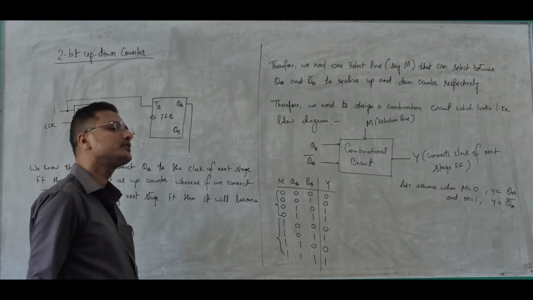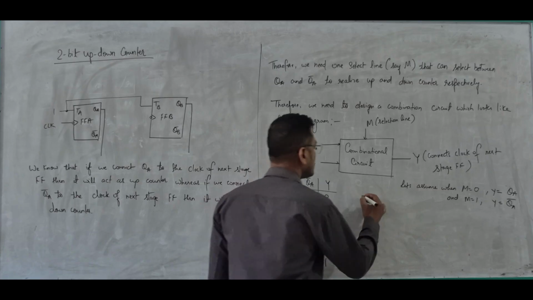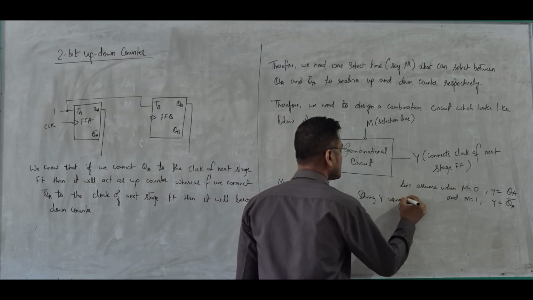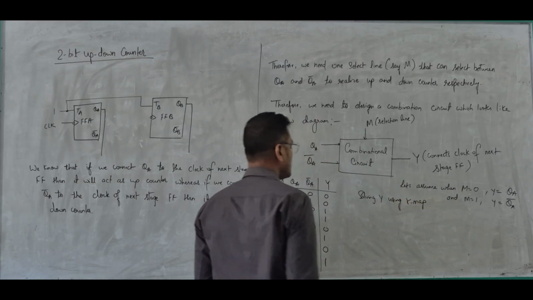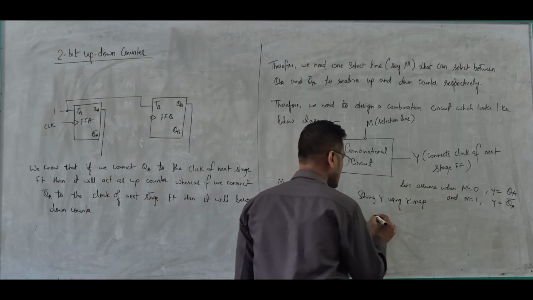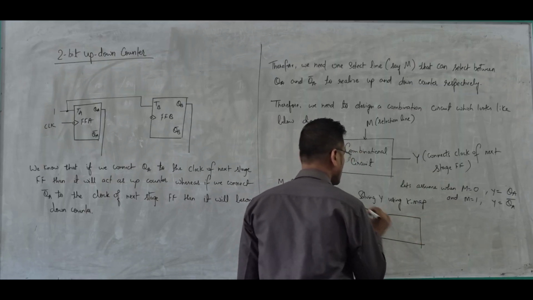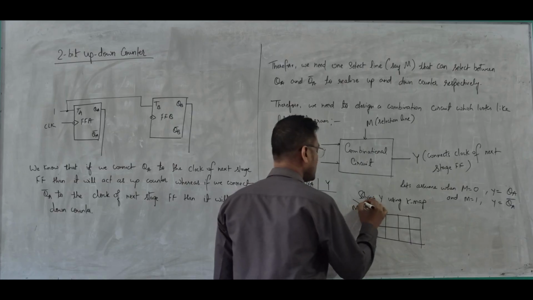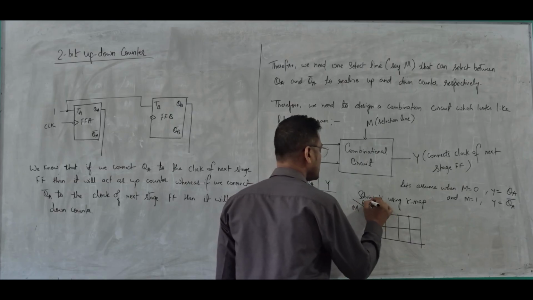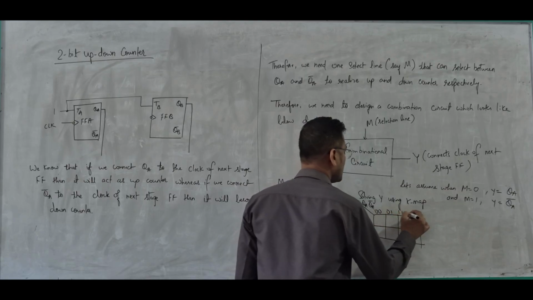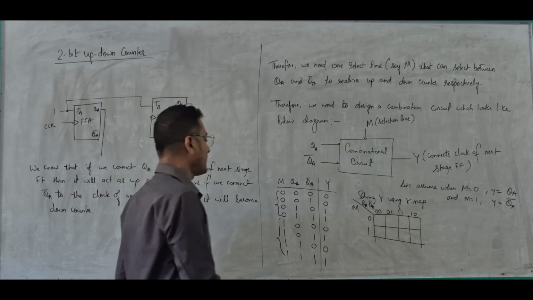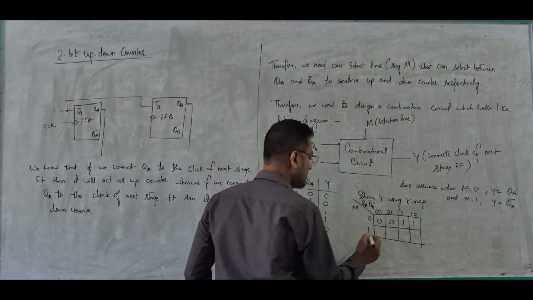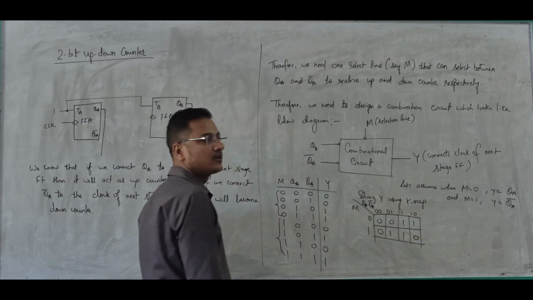And now let's solve this by using K map. This M, this QA, QA complement: 0, 0, 0, 1, 1, 1, 0, 1. And let's put the values 0, 0, 1, 1, 0, 0, 1, 1, 0, 1, 0, 1, 0, 1, 0, 1.